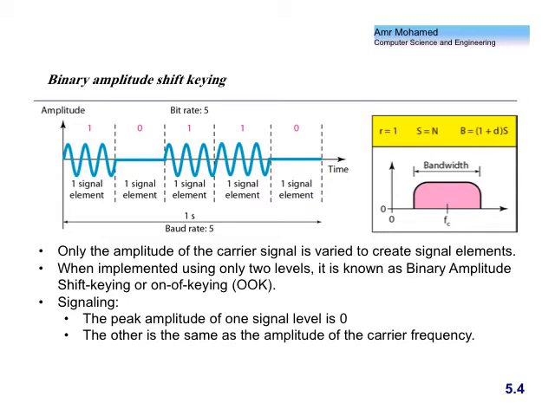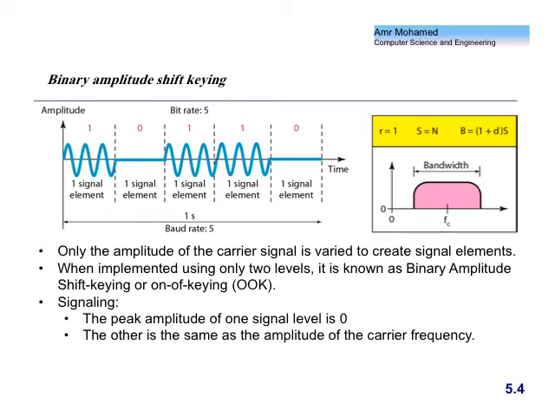If I have 0, I multiply it by the sine wave. 0 multiplied by anything is 0, so I generate a sine wave with amplitude 0. So it's very easy to implement. I just multiply the actual data by the sine wave, and that's it. I don't need to do anything special in that case. So the implementation is easy.